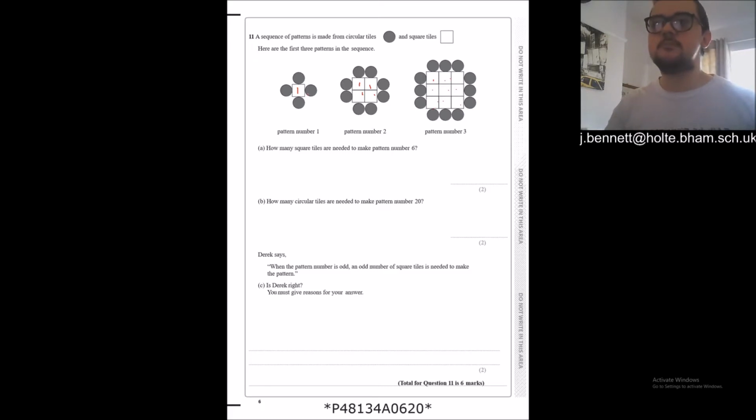So if I was to represent the number of square tiles algebraically for each pattern number, because pattern number 1 is 1, pattern number 2 you've got 4, pattern number 3 you've got 9. So I'd say S for square tiles, and I just square it, so that whatever pattern number is, I square it to find the number of square tiles, plus now circular tiles, 4, 8, 12.